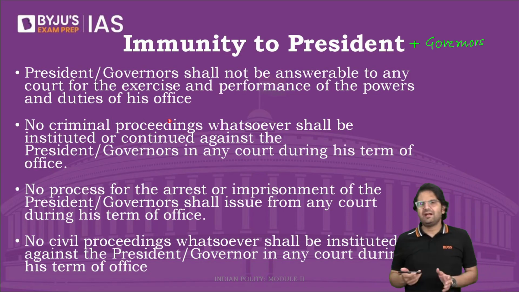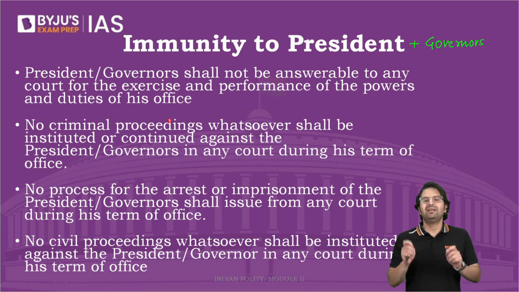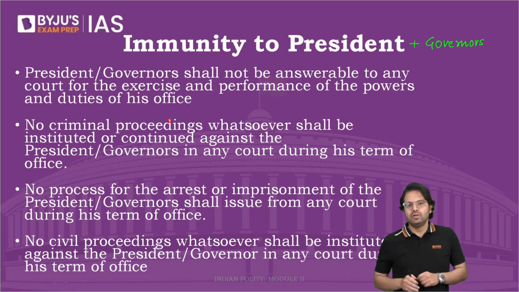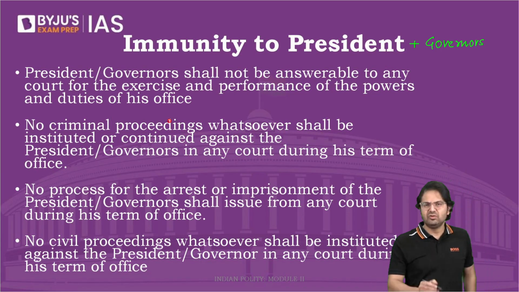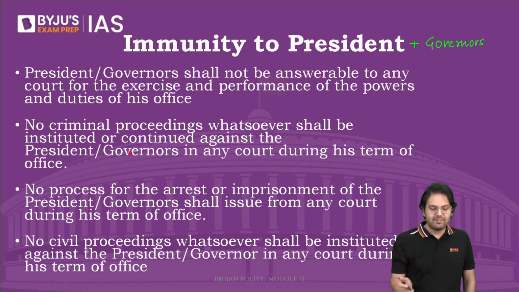Number 2. See, we are talking about the senior-most people in the country, the senior-most person in the state. So there should be some kind of dignity also. So no criminal proceedings, no criminal case whatsoever shall be instituted or continued against the president or governors while they are in office.